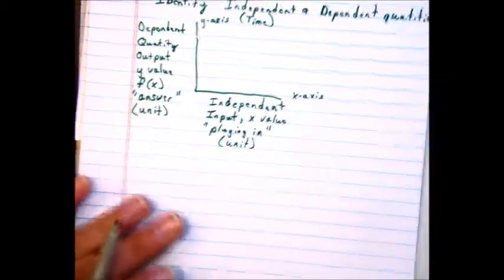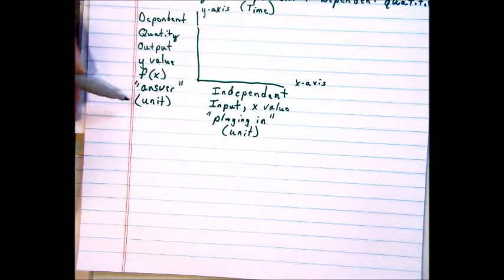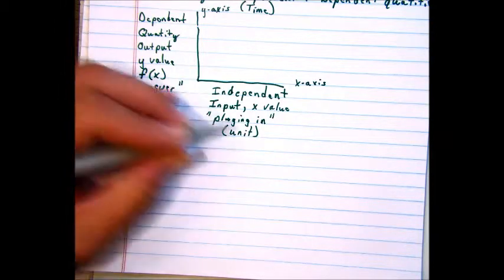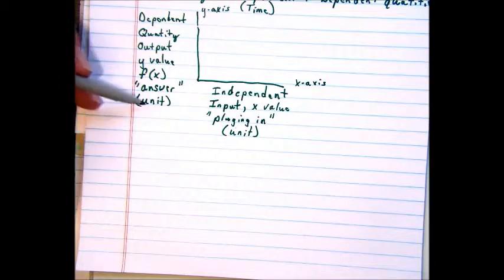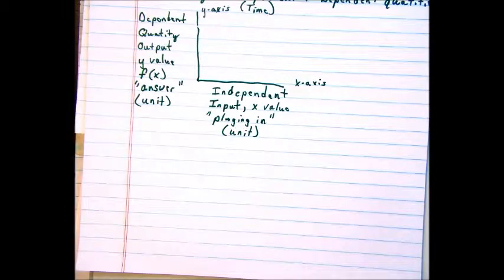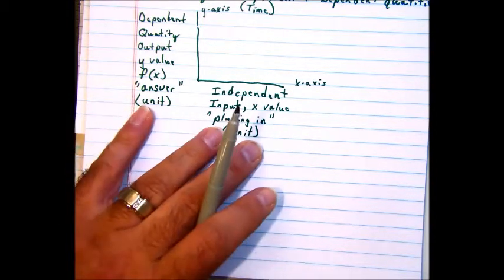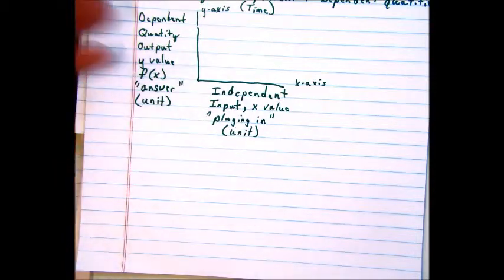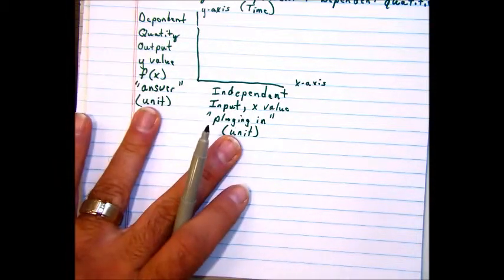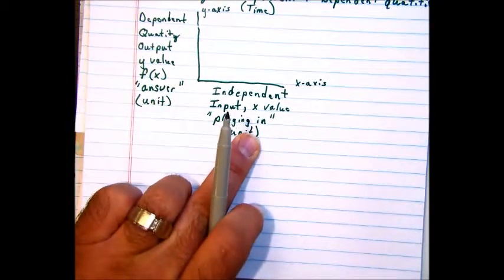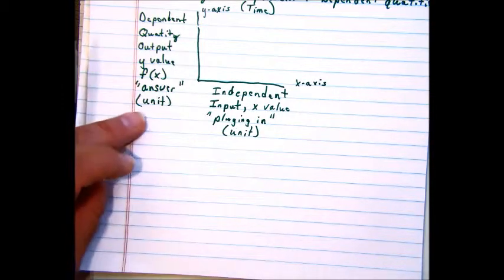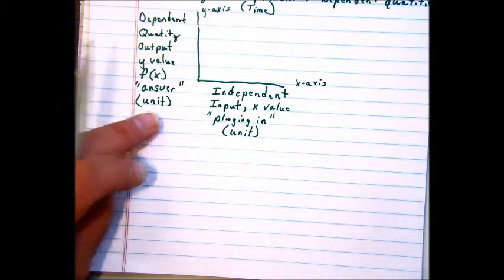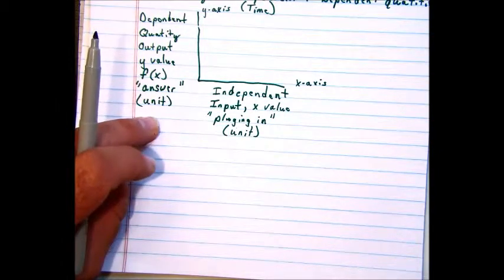Now, the weird thing, or the unusual thing you have to get used to, is that your units are always labeled in parentheses. Okay, so you have a dependent quantity, and then the unit is in parentheses. And those words are important because when you're reading questions, they tell you whether you're plugging it in for the x value and then doing the math, or if you're using the expression and this is the answer, and then you solve for x.